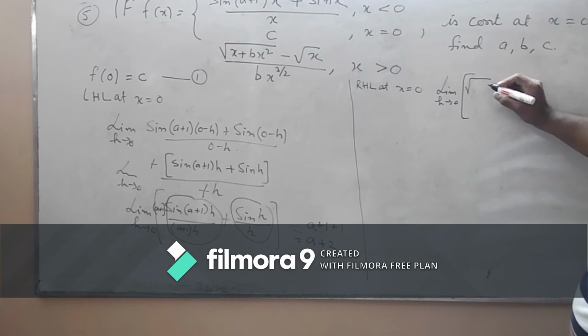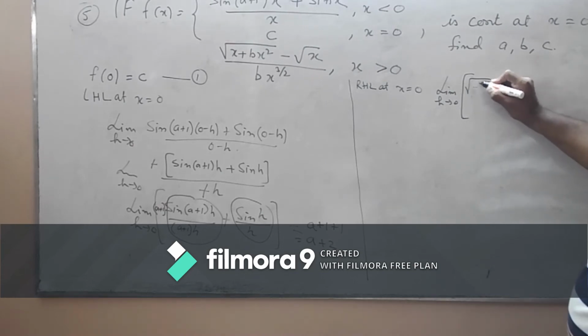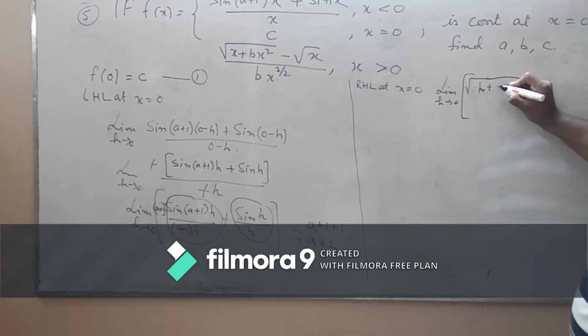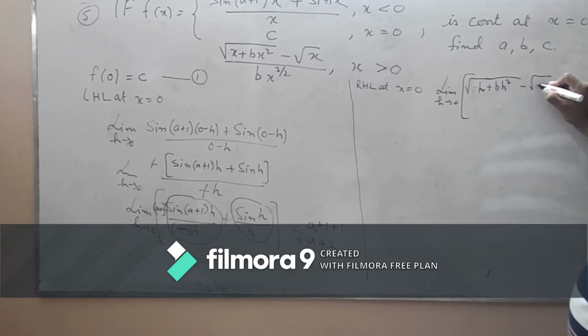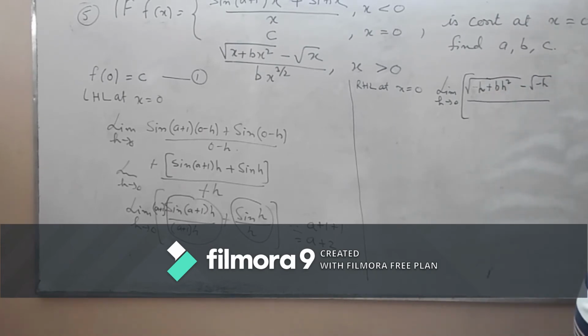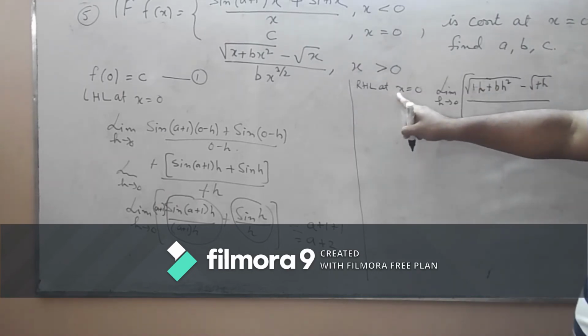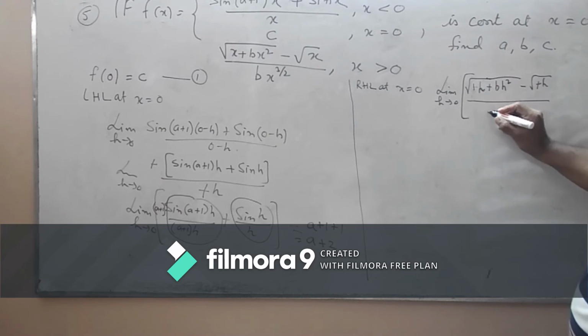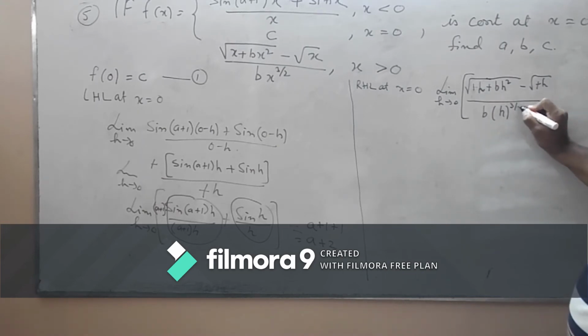In place of x we write 0 minus h, so that will become minus h, I hope you are able to see, plus b times 0 minus h, that becomes h square, minus root minus h. Oh sorry, this will be plus because it is RHL. 0 plus h, 0 plus h. This will become b into h raised to the power 3 by 2.